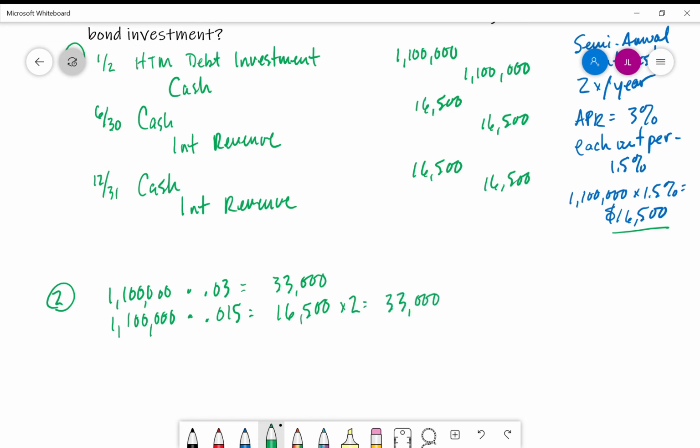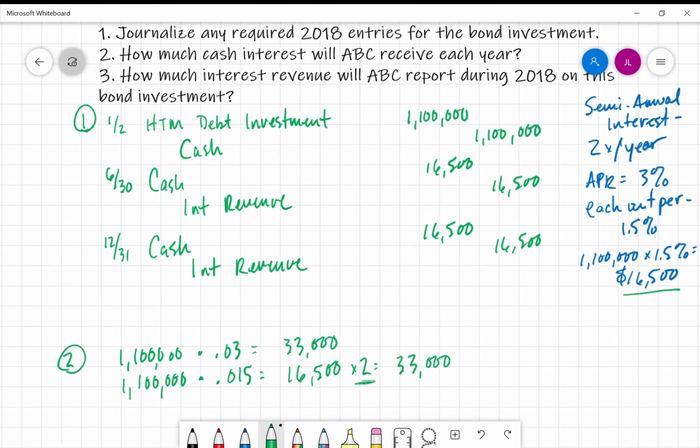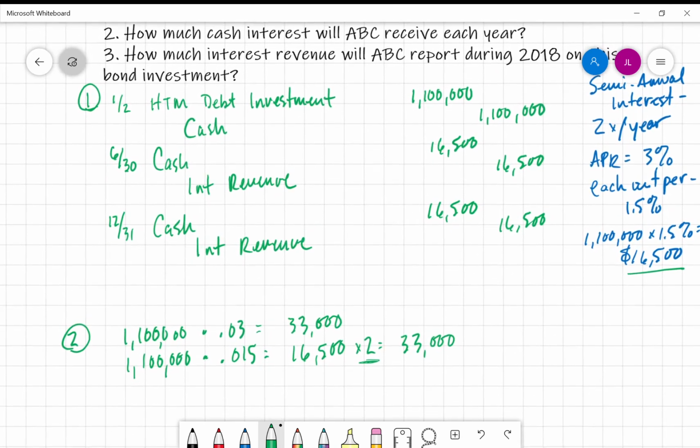Mental math is not with me today. So in either case, whether we're multiplying by 3% or by 1.5% and then taking that 2 times a year, we still come out with 33,000. So that is how much cash interest we will receive from this bond each year.